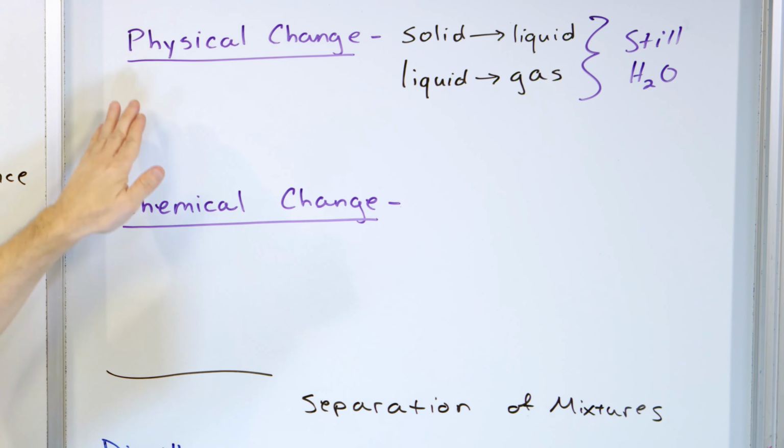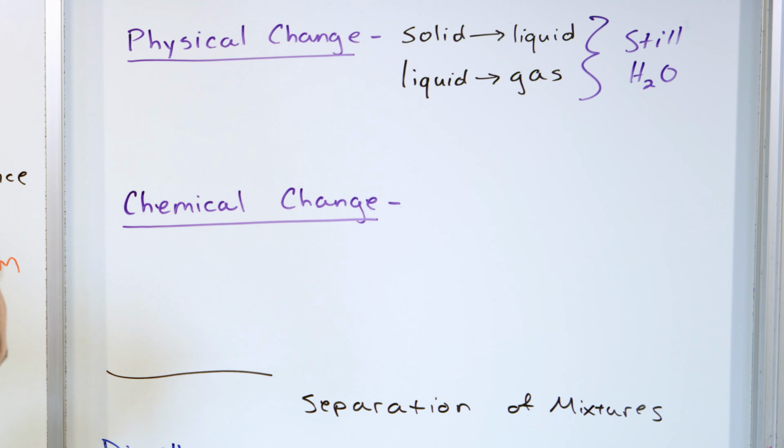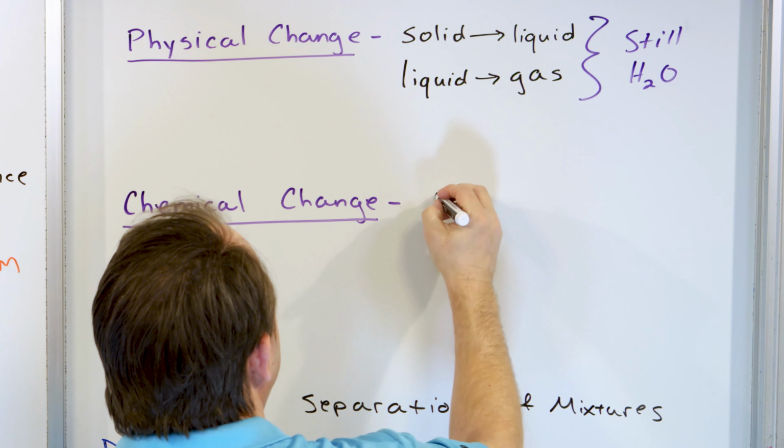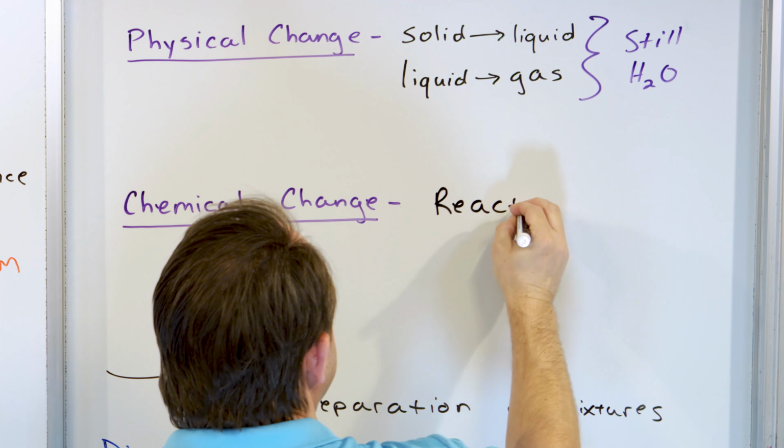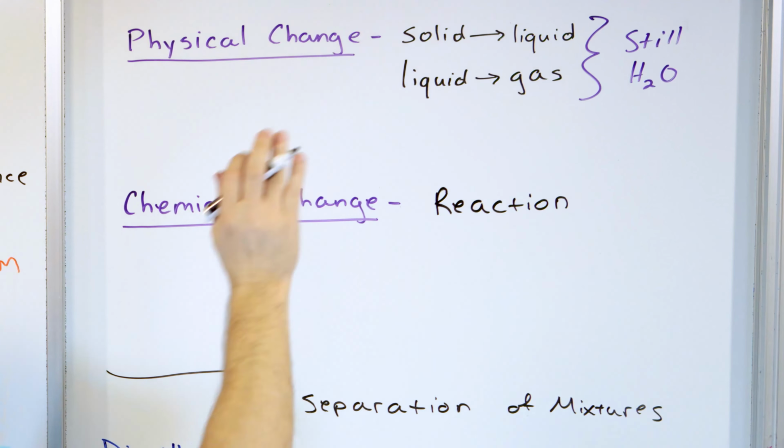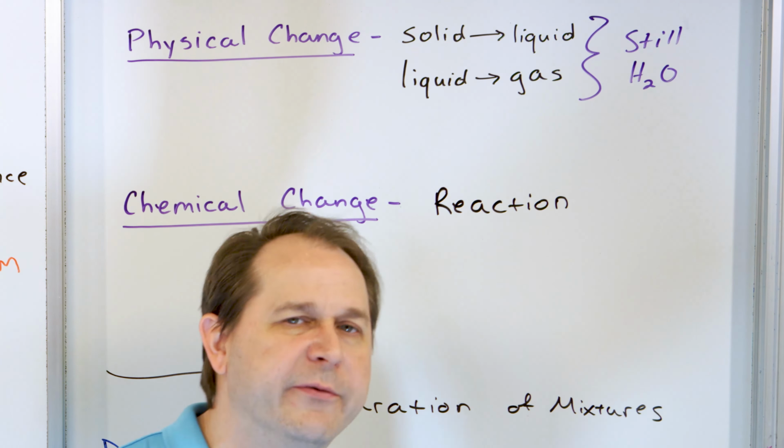So in contrast with a physical change, a chemical change, you might guess, is basically when you have some sort of chemical reaction. So I'm going to say some sort of reaction. And we're going to write down many, many reactions throughout this class, but I'll just give you a spoiler ahead of time.